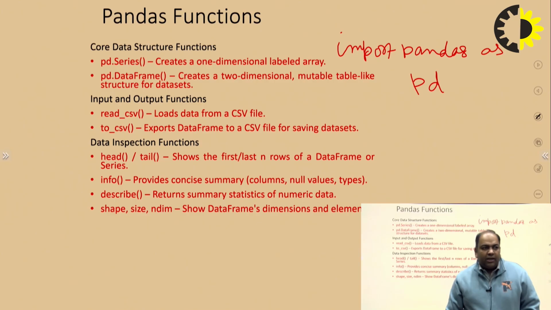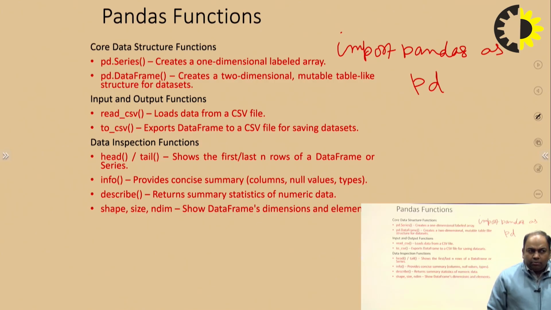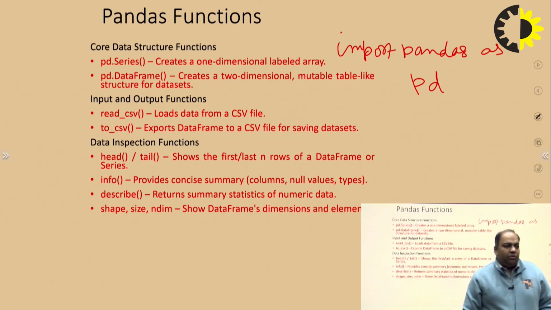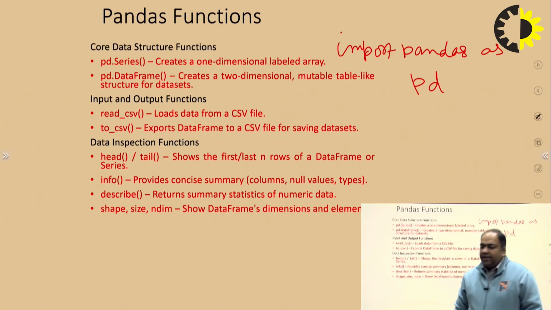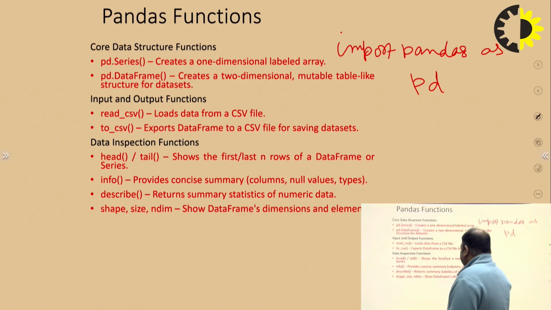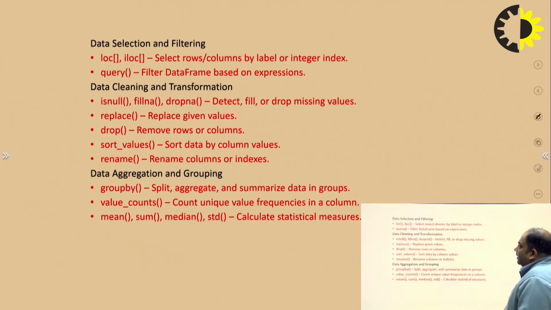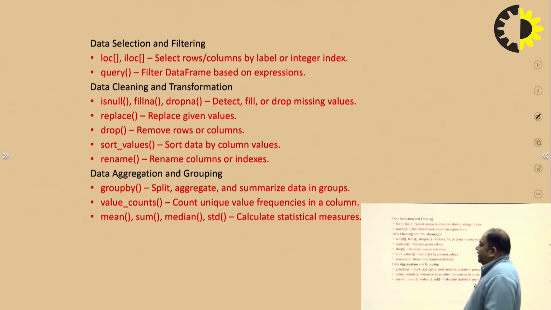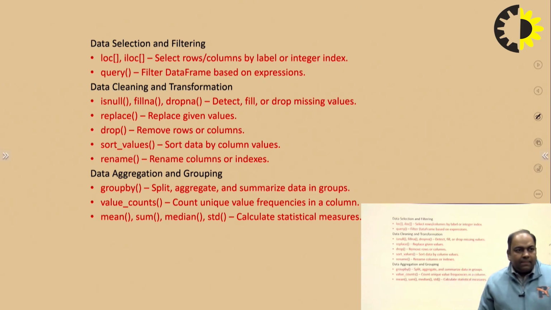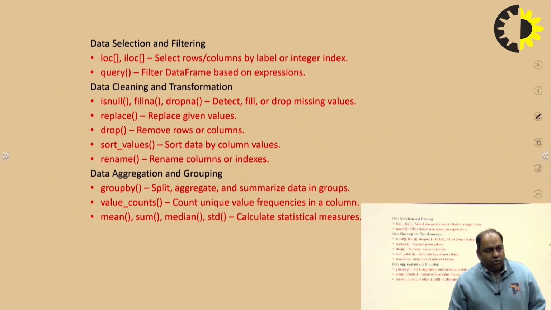Then for input and output, we use read and to. For inspection, we use info, describe, shape, size and ndim, where ndim is for n dimensional. For data selection and filtering it is loc and iloc. For query, we use query.